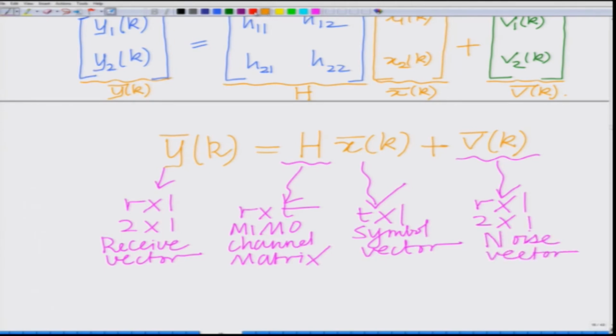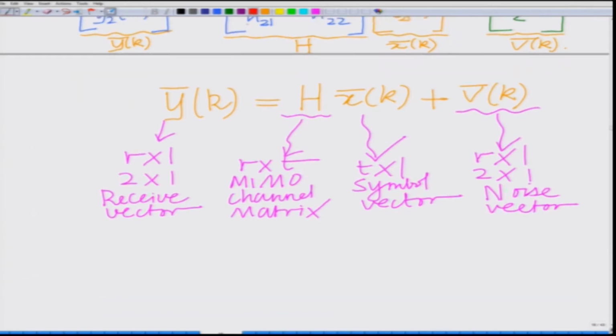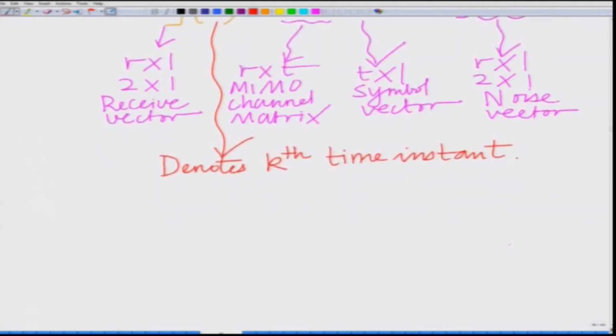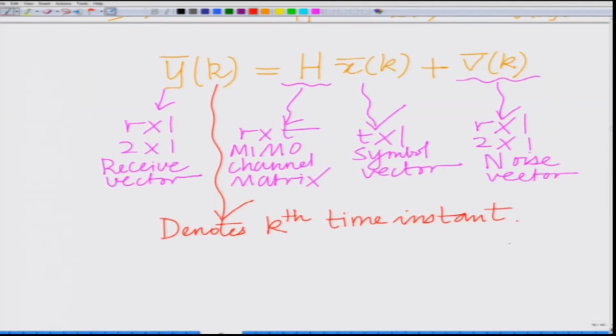Let me remind you once again that k denotes the kth time instant. So we have y bar k equals H x bar k plus v bar k, the input output model of the multiple input multiple output wireless communication system at time instant k.